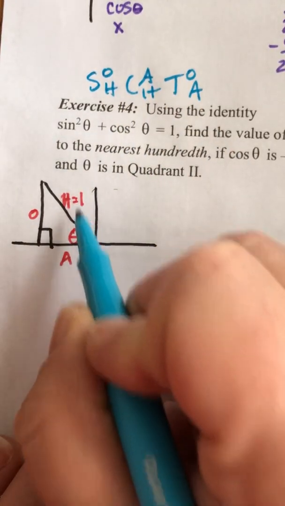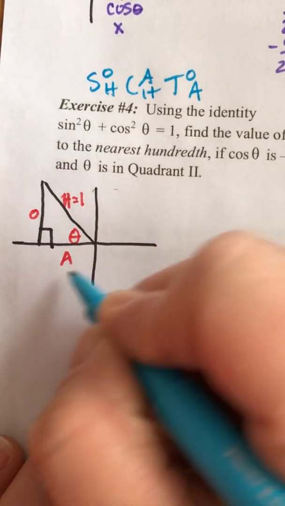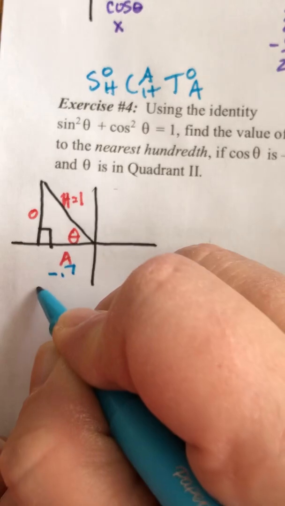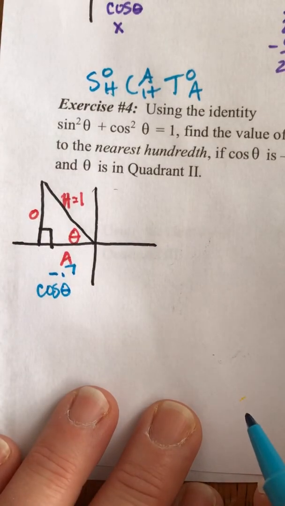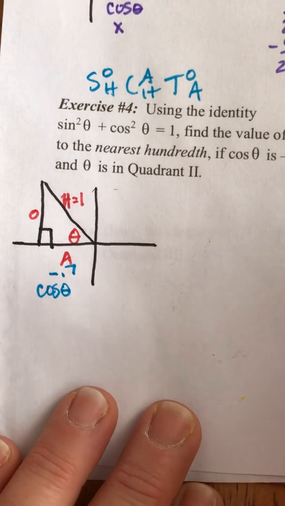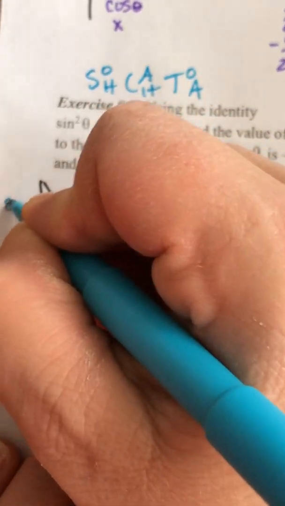Because the hypotenuse is 1, the adjacent side gets this label, negative 0.7, and this is also equal to the cosine of theta. The next thing we need to do is, this side is equal to the sine of theta over here.